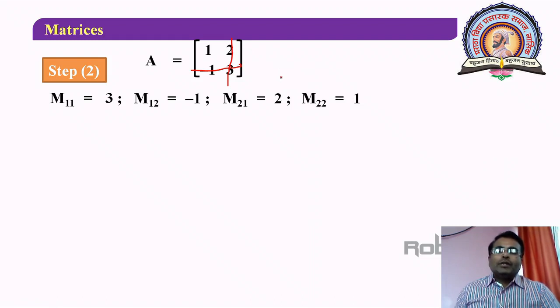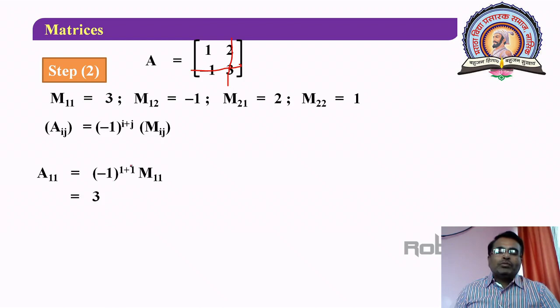Once you get this, next you have to obtain their cofactors. So how are the cofactors defined? We know that cofactor Aij is defined as minus 1 raised to i plus j into Mij. We already have the minors Mij. So let us see what happens. A11 is equal to minus 1 raised to 1 plus 1 M11.